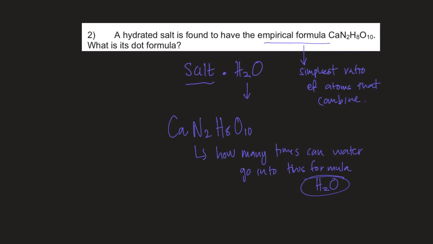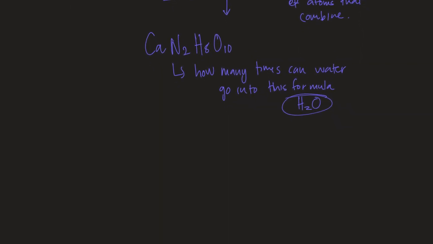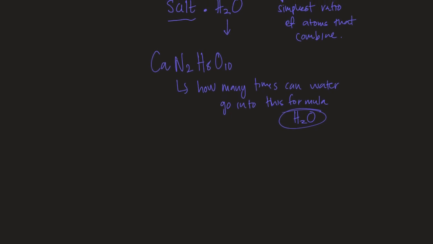So if I'm looking at H8, H8 tells me that can only make 4 water molecules, because every water molecule must have 2 hydrogen atoms and 1 oxygen atom.